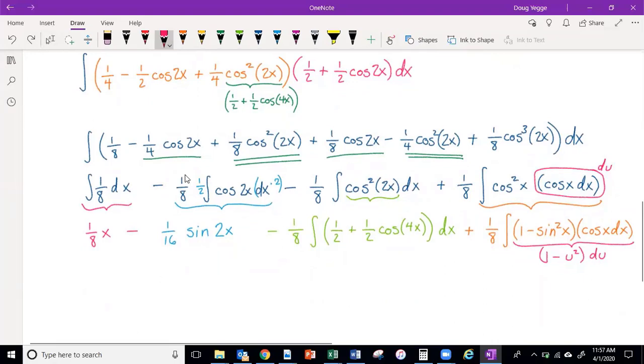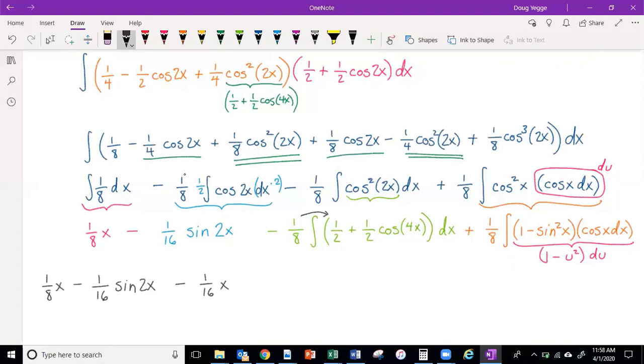So let's go back here. We already have 1/8 x. We already have that second term of 1/16 sine of 2x. And now if I distribute this 1/8 back in here, notice that I'm now integrating 1/16, which is nothing more than 1/16 x.